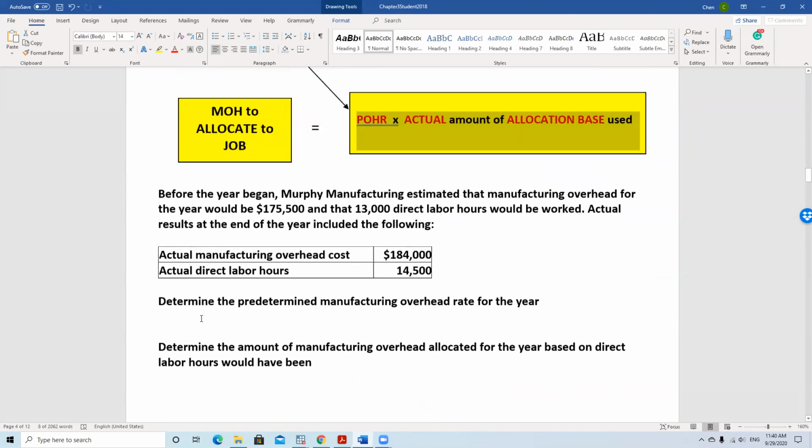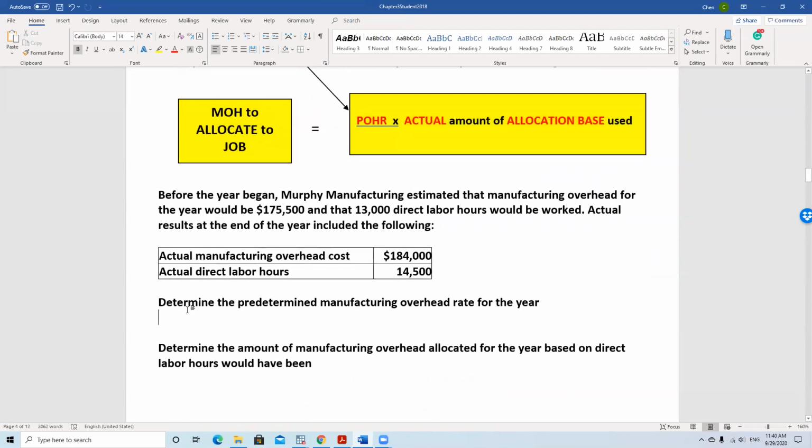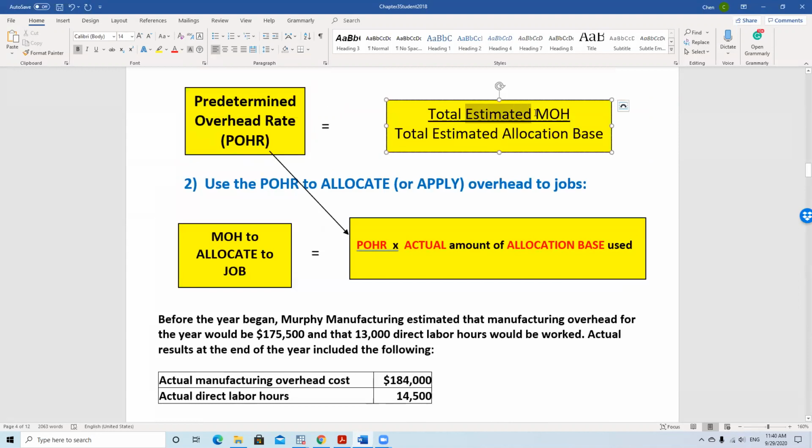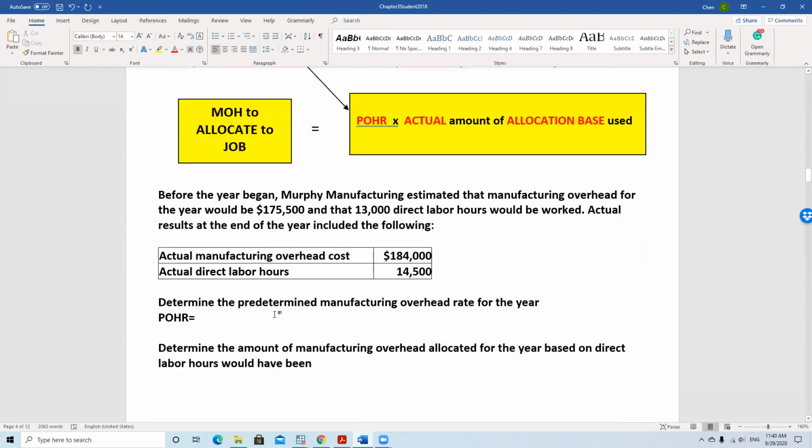So the first question: determine the predetermined manufacturing overhead rate for the year. Do you remember the word that I strengthened a lot? Determine overhead rate equal to. What are the two important words for predetermined overhead rate? Yes, estimated, estimated.